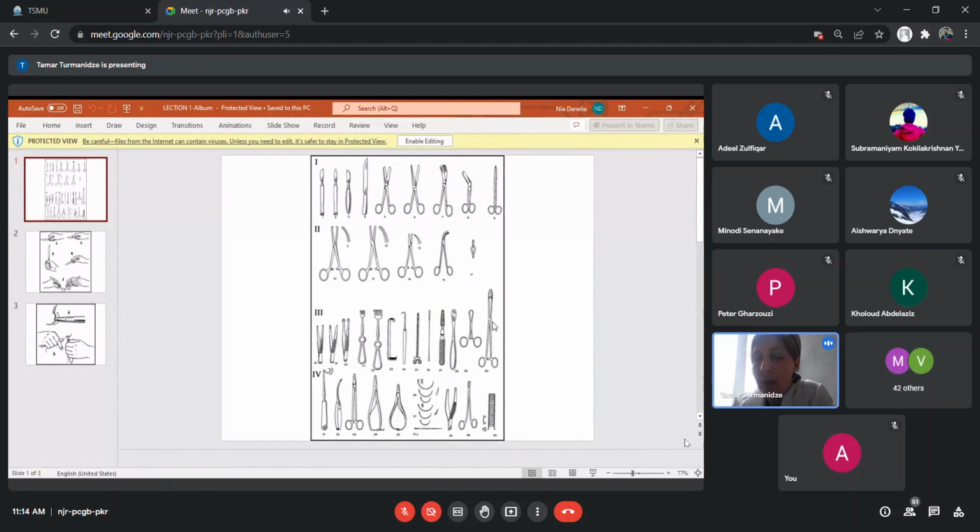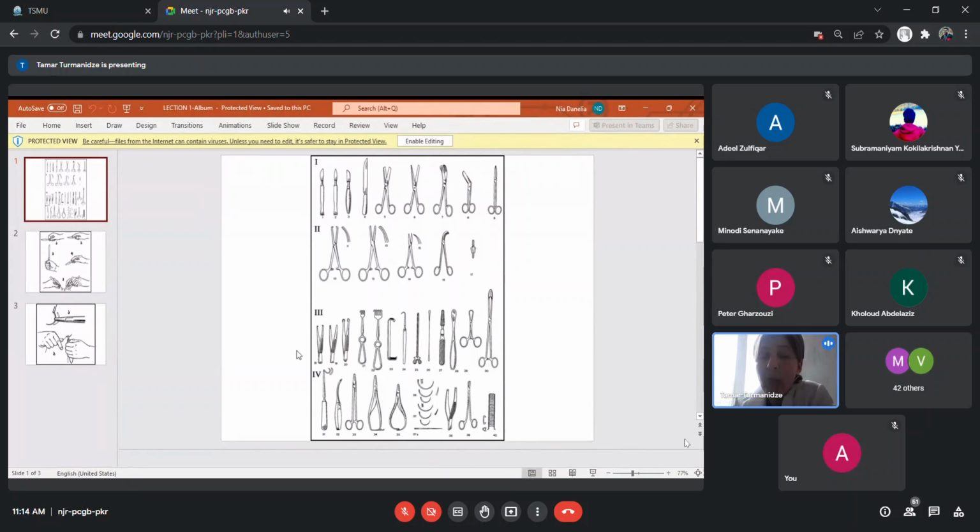So by this instrument the cotton is taken, which is placed in iodine or betadine antiseptic solution, and the skin of the area which must be dissected is cleaned very well. Why? So as not to get infection from outside into the tissues.